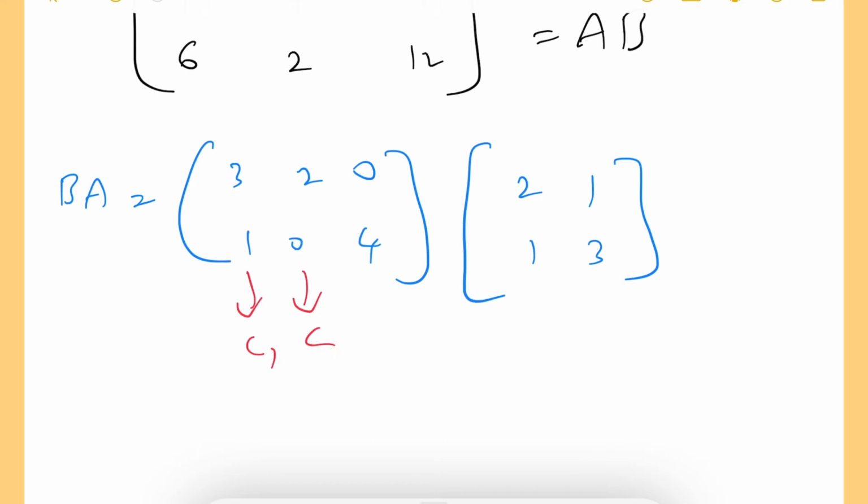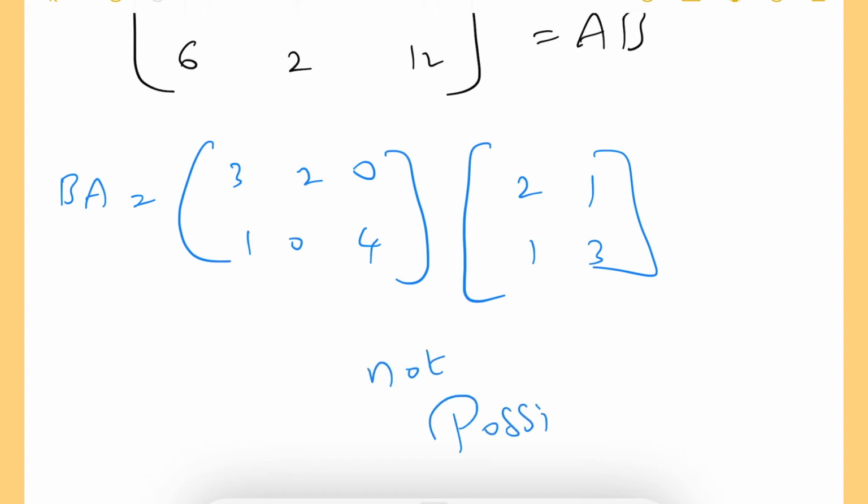The number of columns in the first matrix is not equal to the number of rows in the second matrix. So B into A, or BA, is not possible. Okay, now let's move to the seventh bit.